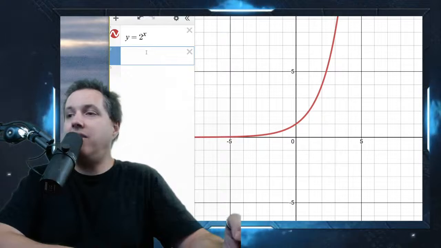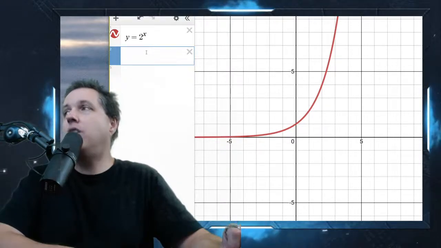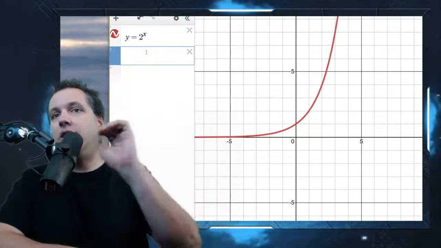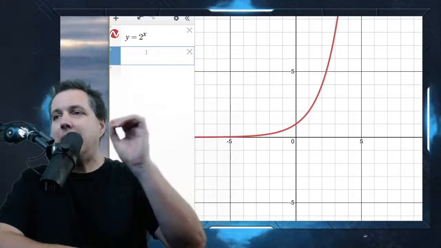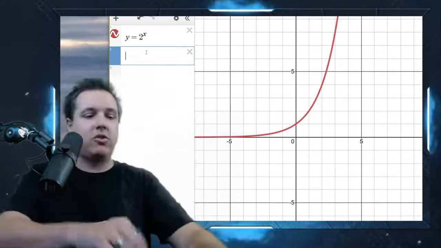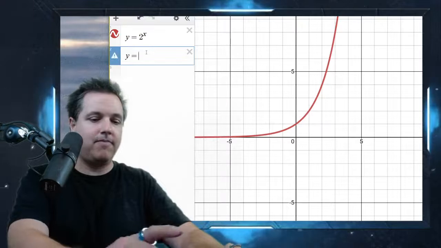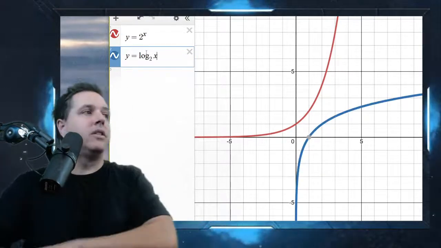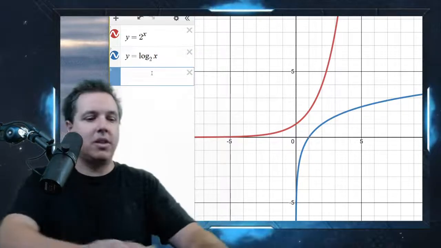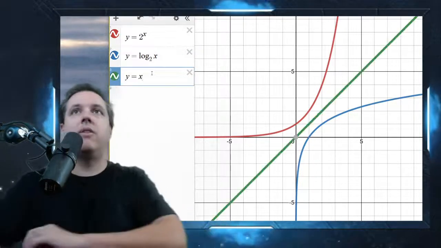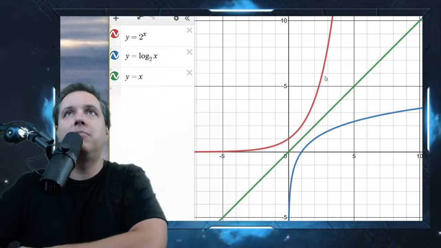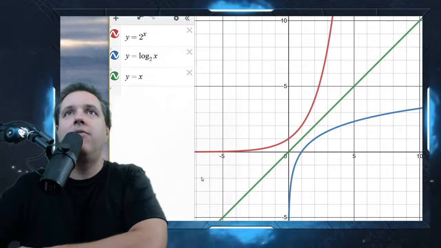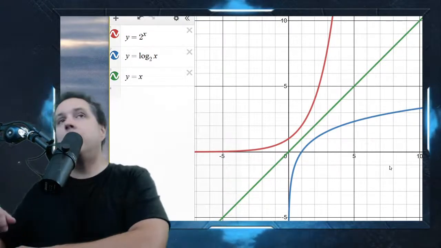We define the inverse, and we call it the logarithm. So the inverse of an exponential is the same-based logarithm. So when I do this, see, we get that symmetry, right? Remember the line y equals x? We've got it right here. If I folded this paper right on the green line, the red curve is going to show up right on the blue curve.